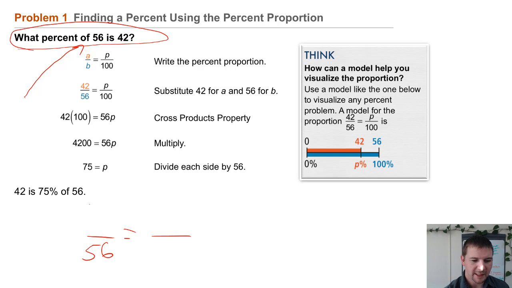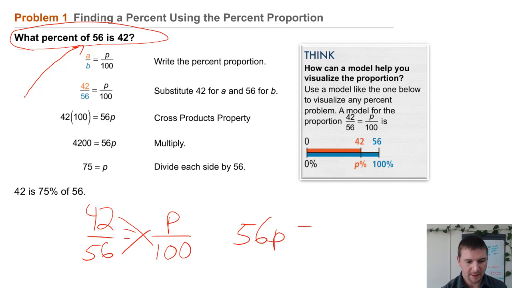Is 42. So we're talking about 42 being part of the base 56. And then our other fraction, well, we have 100 for our base, and then P for percent. And then we solve. We can use cross products or equivalent to set up an equation 56P equals 42 times 100 and solve.